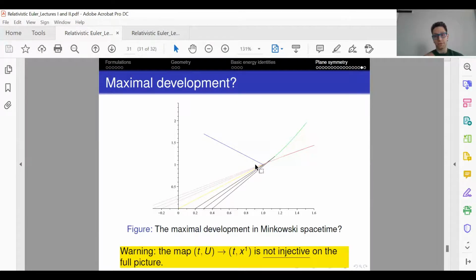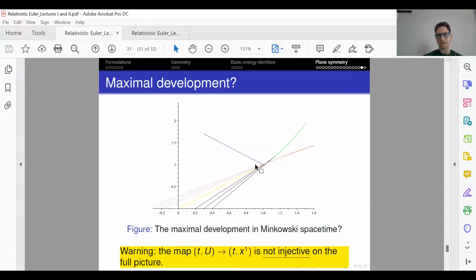There's nothing you can do about it. In contrast, if you look at how the development is constructed for the Einstein equations, you're actually constructing the differential structure as you go. It's part of the process. In the Einstein problem, you're given some abstract codimension 1 manifold with initial data on it, and you want to construct the space-time, and that means constructing the differential structure to go along with it, right? So it's quite different here.